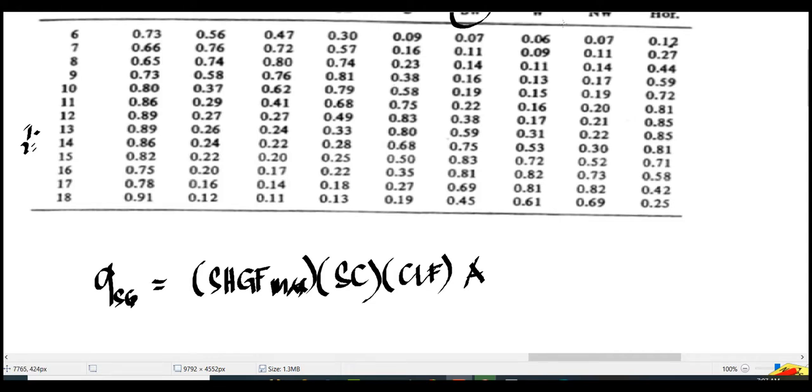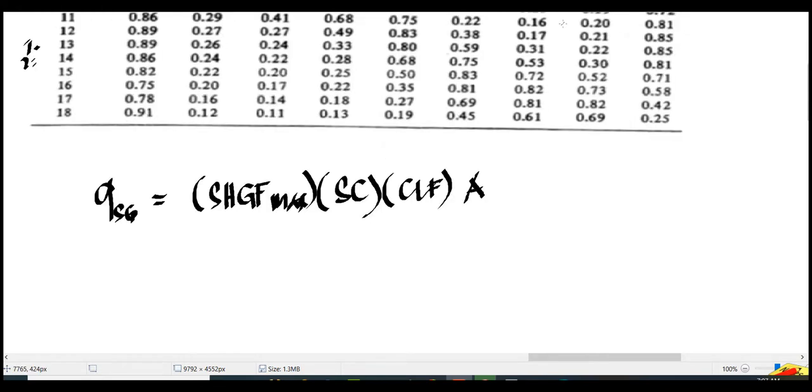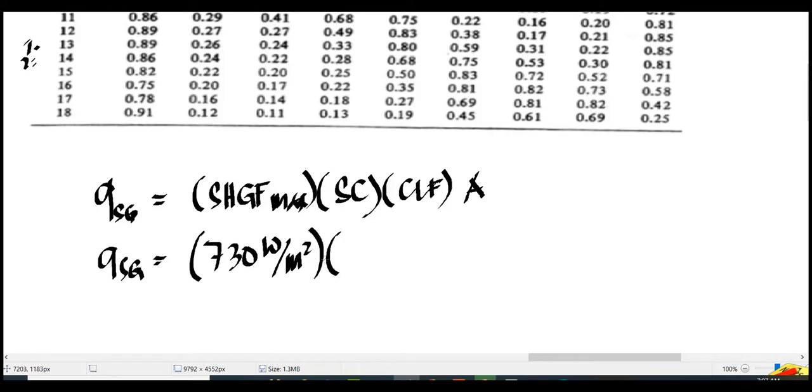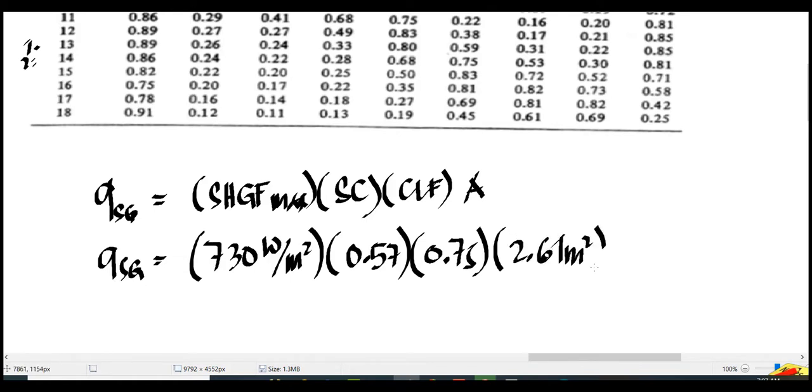So for the solar heat gain, substituting the values we got from the tables: 730 watts per square meter, multiplied by the shading coefficient 0.57, multiplied by the cooling load factor 0.75, then multiplied by the sunlit area, which is 2.61 square meters.